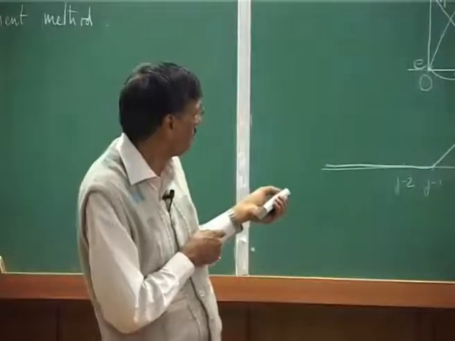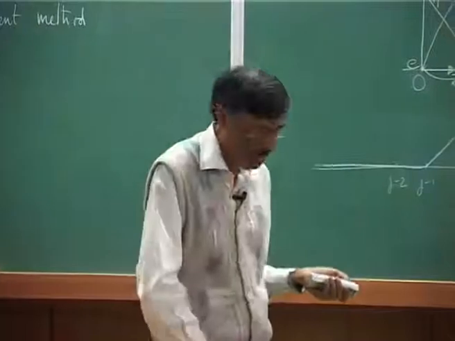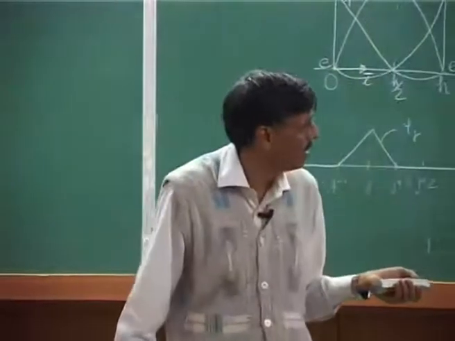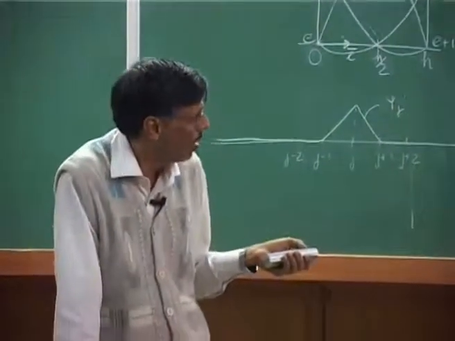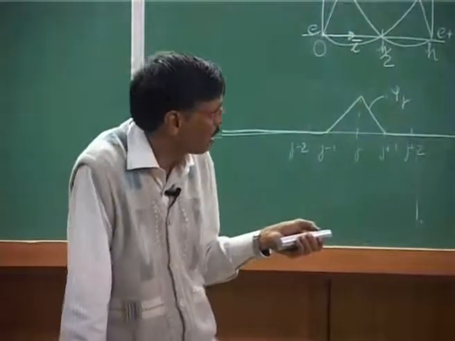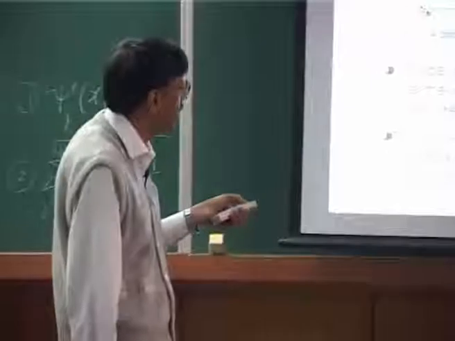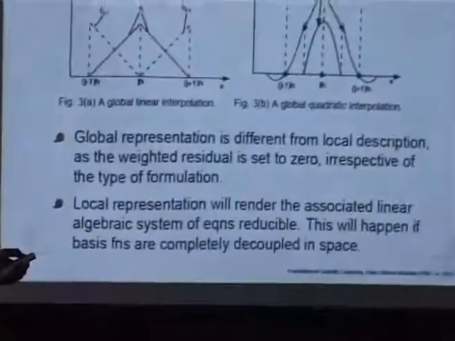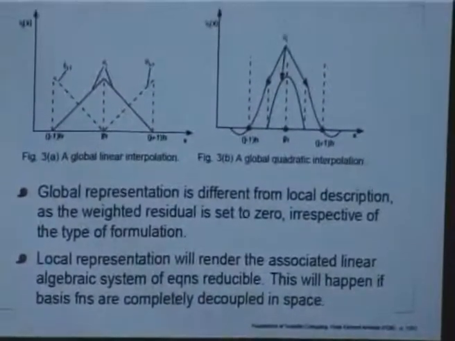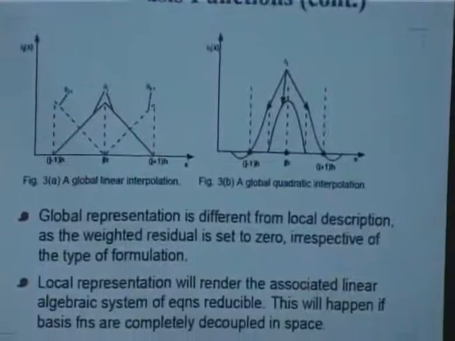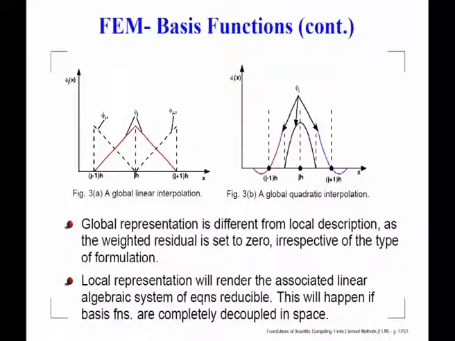Of course, as you can see, the quadratic interpolation function, the global representation is somewhat little more complex, because what we have is, well, it is not written very clearly here, but you can see this is the center of the node, okay, and this is actually the element. The element goes from here to here, okay, and this is the midpoint.